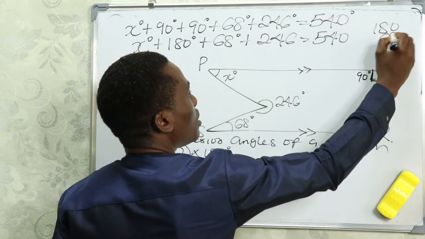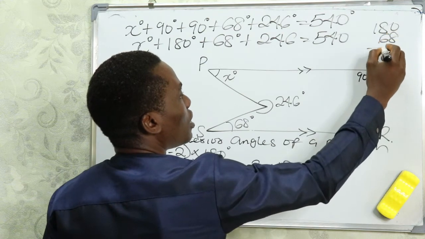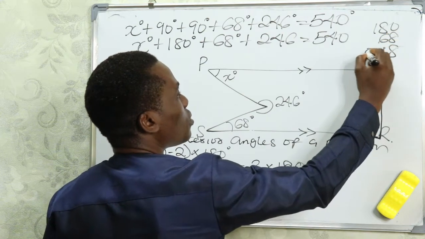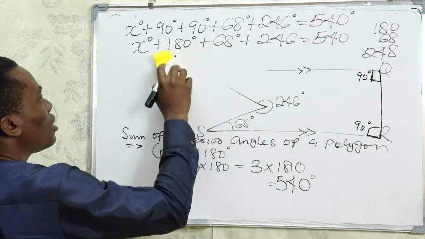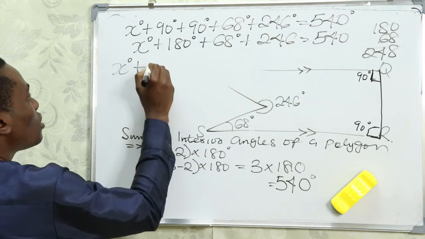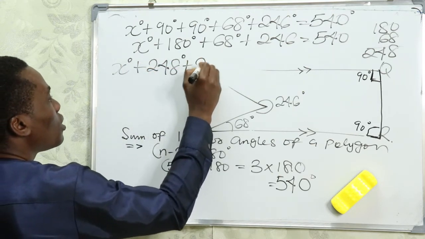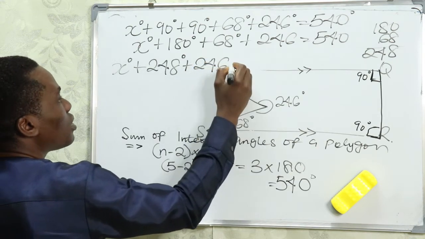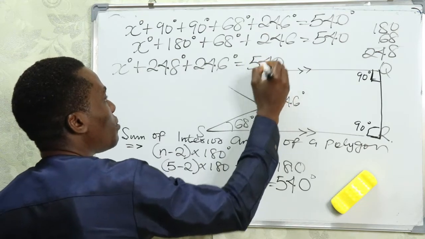So 180 plus 68 will give us 248. So that 248 will give us x degrees plus 248 degrees plus 246 degrees equal to 540.